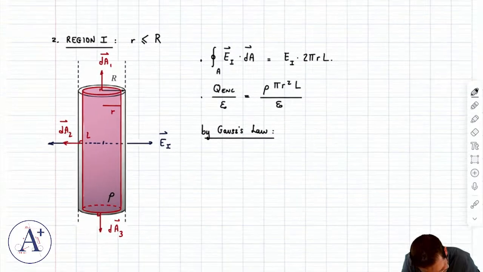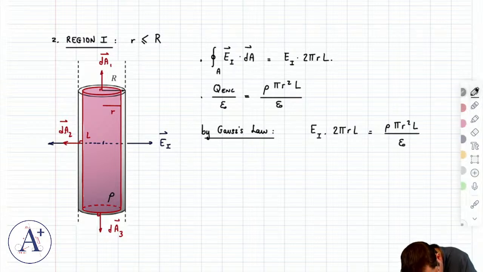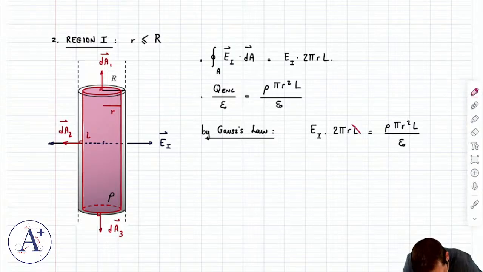All right, by Gauss's law, I have E1 times 2 pi rL is rho pi r squared L over epsilon naught. Again, L should go away if it's truly an infinite cylinder.